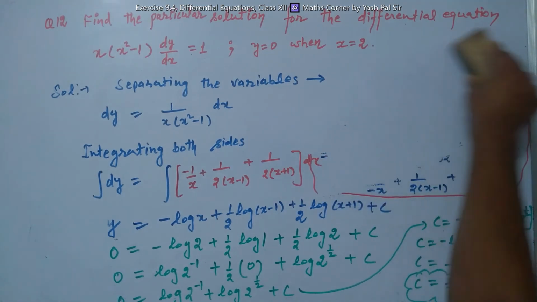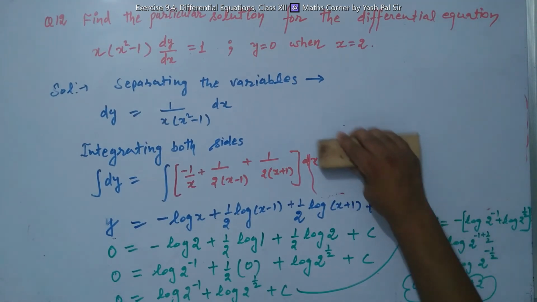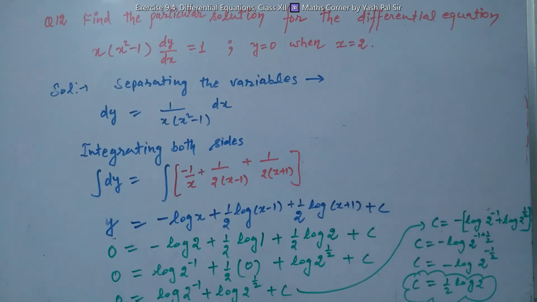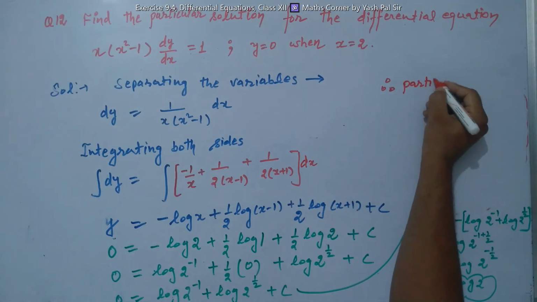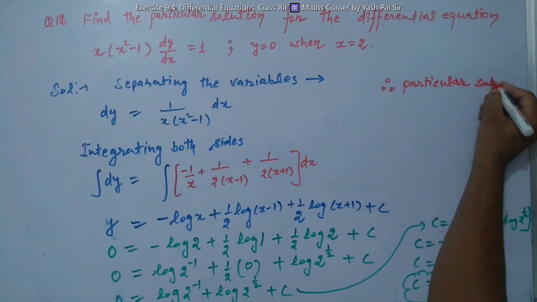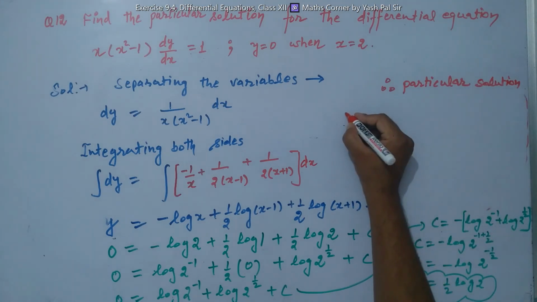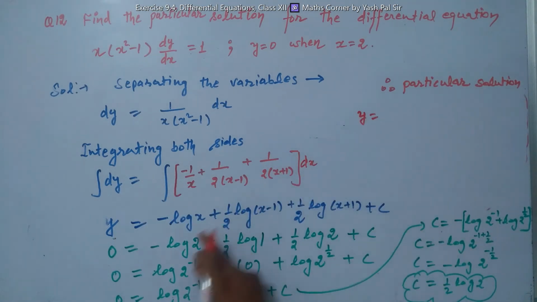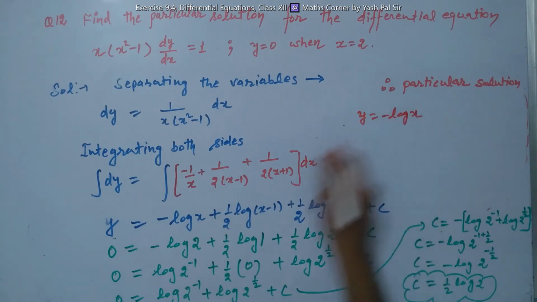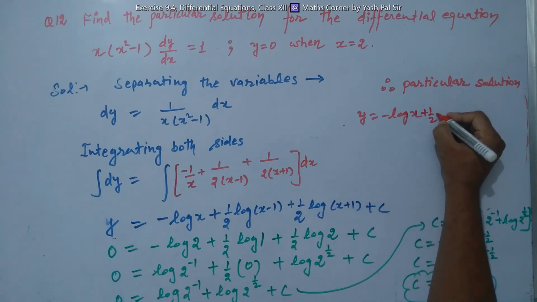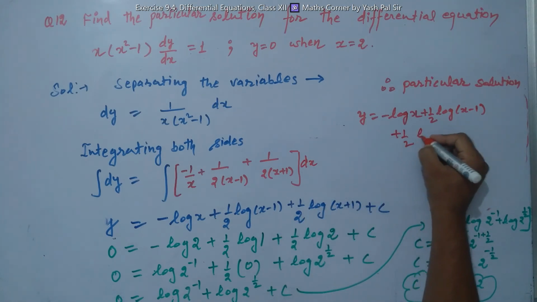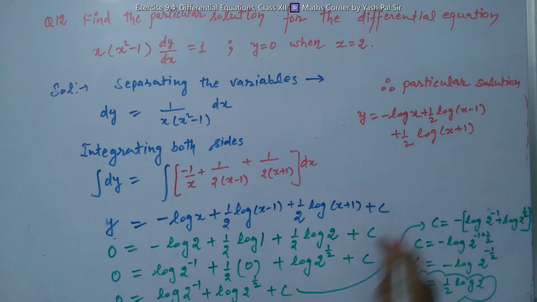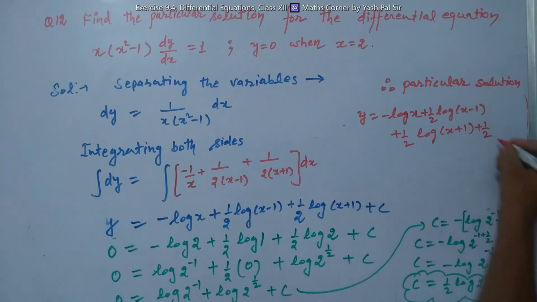So what we say now, therefore the particular solution is y is equal to minus log x plus 1 upon 2 log of x minus 1 plus 1 upon 2 log of x plus 1 plus c, which is plus 1 upon 2 log of 2, right.